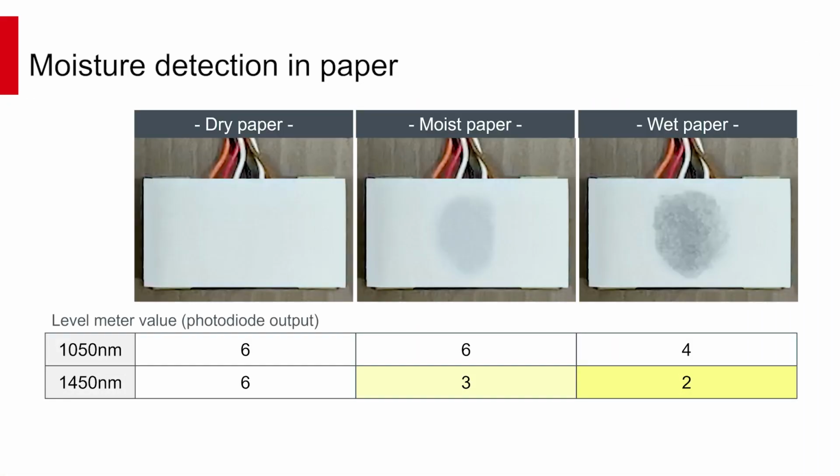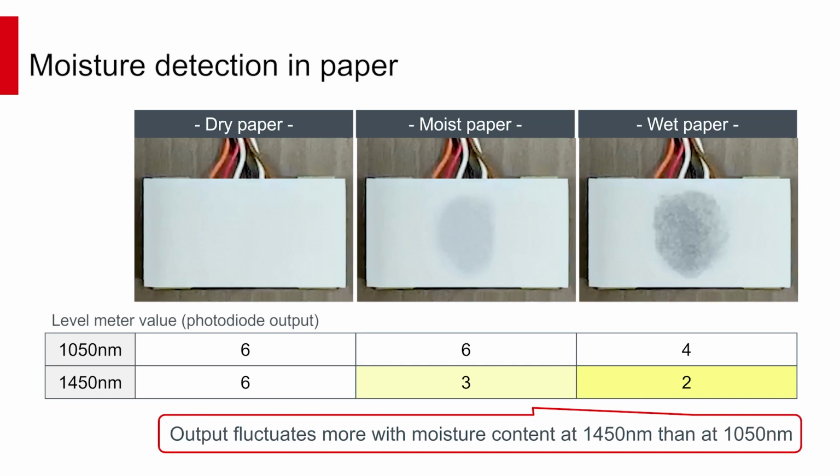Since the output fluctuates more with moisture content at 1450 nanometers than at 1050 nanometers, the difference in output can be used to detect the amount of moisture contained in the paper.